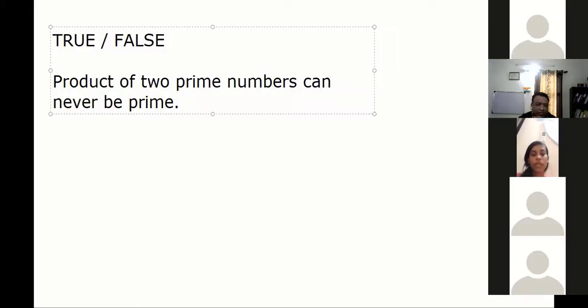Tell me what you think. Think and try it. Okay. People are writing false. Product of two prime numbers can never be prime. Is it false or true?